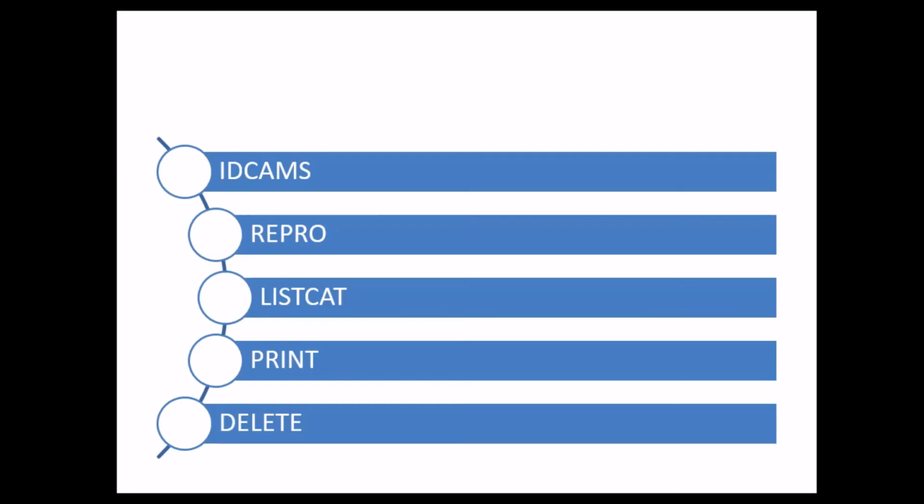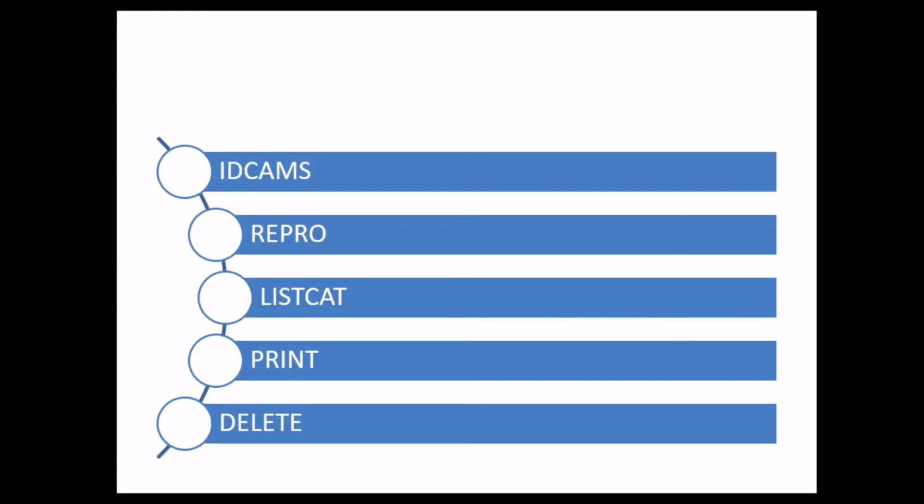If you are using an ESDS file, the organization should be sequential. If you are using a KSDS, the organization should be indexed, whereas for RRDS, the organization is relative.